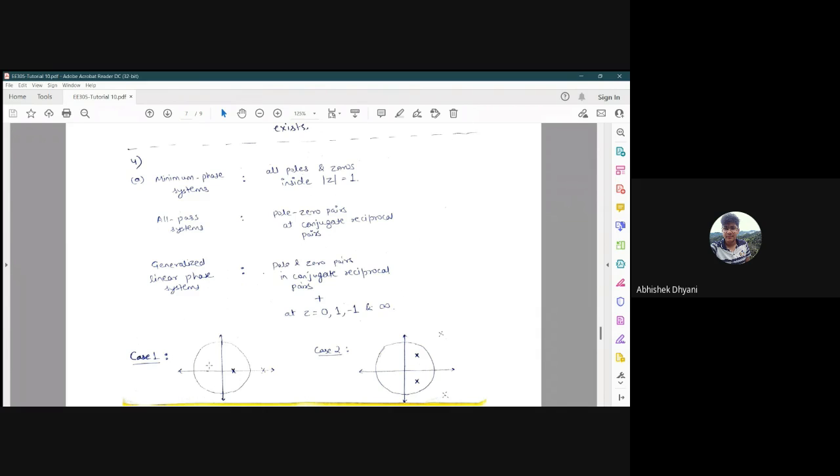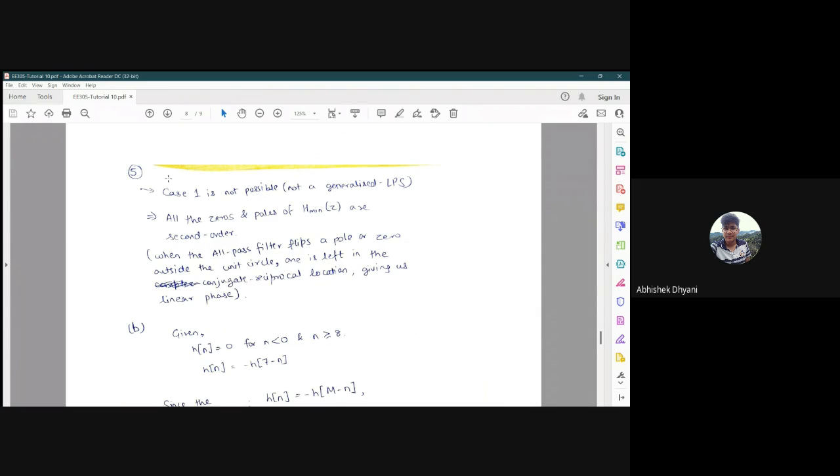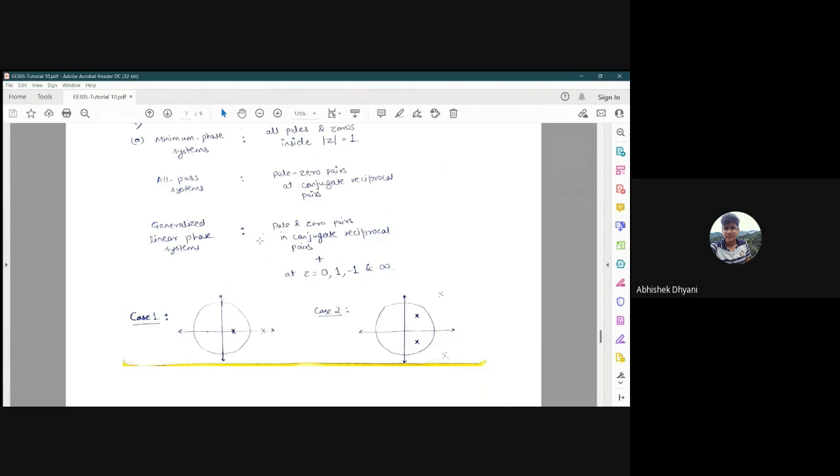Now, if we look at the first case, we can tell that this is not possible, because in that case, it will not be a generalized linear phase system, right? Because the conditions are that the poles and zeros must be in conjugate reciprocal pairs, and that condition is not true in this case.